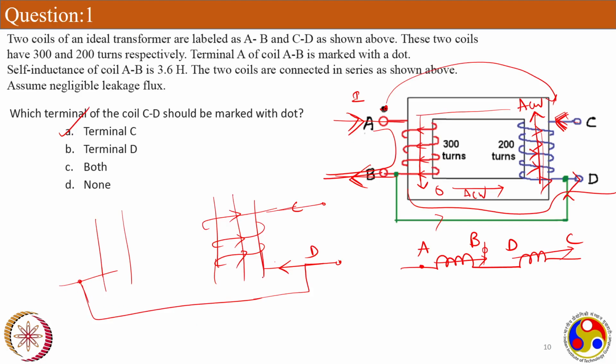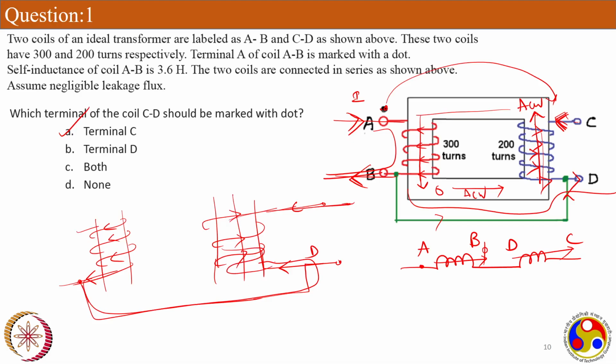Okay, so at this point the current will enter, and it will leave through C, and from here we already have a current coming like this, and current will come like this, and it will take this path, and it will leave like this.